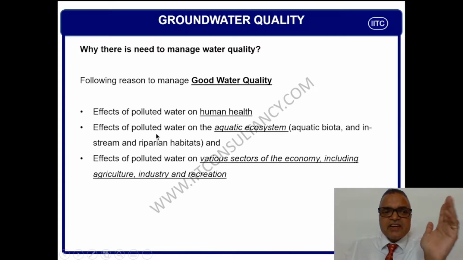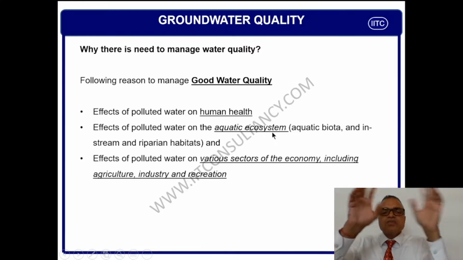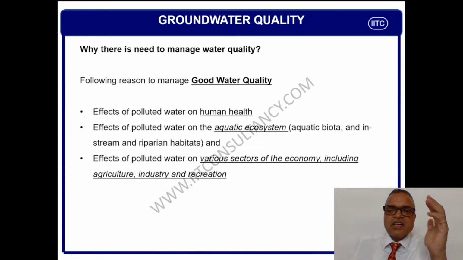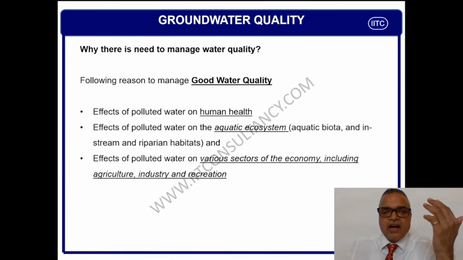And second, the effect of polluted water on the aquatic ecosystem. The entire ecosystem is unbalanced if we don't have good water quality, like aquatic biota and in-stream and riparian habitats, and the effect of polluted water on various sectors of the economy, including agriculture, industry, and recreation.